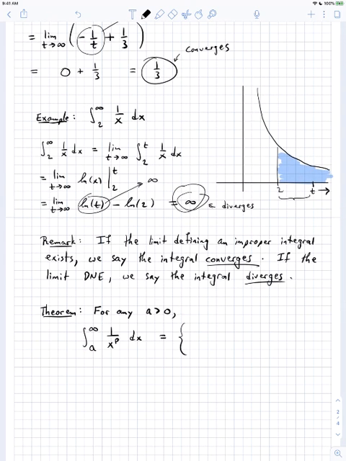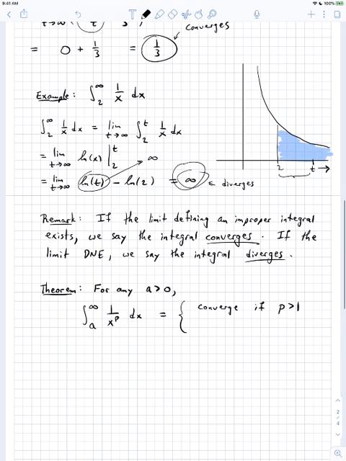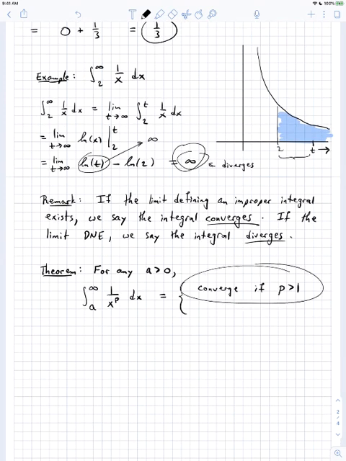So if you have a p which is greater than 1, it will converge. So this will converge if p is greater than 1. And that's what we saw here. P was equal to 2, which is greater than 1, and that gave us something which converged.